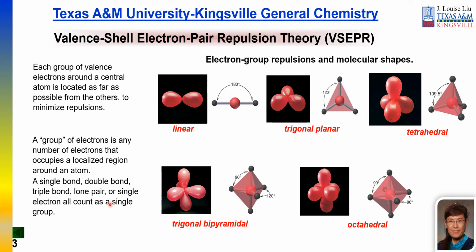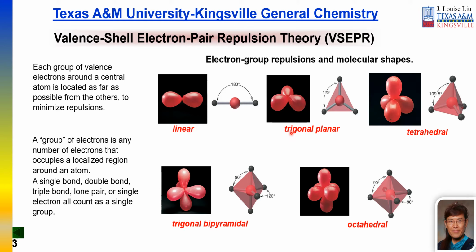The third point: the electron group repulsion and molecular shapes are very critical. Electron group repulsion is related to the different electrons, while your molecular shape is more involved with the location of the nucleus. We are going to learn 5 geometric structures. The first one, the linear structure.